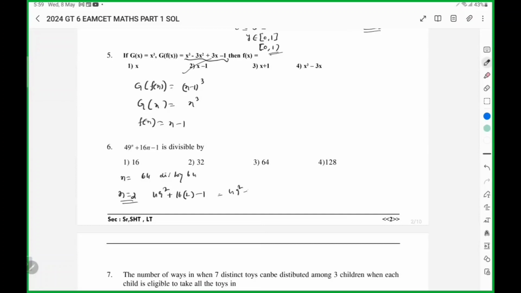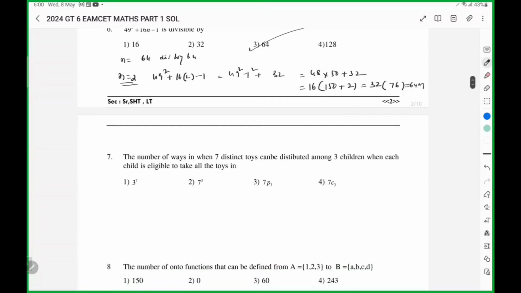So 49 square minus 1. 48 into 50 plus 32, 150 plus 2, or 32 into 75 plus 1 is a 64 multiple. So it is divisible by 64.